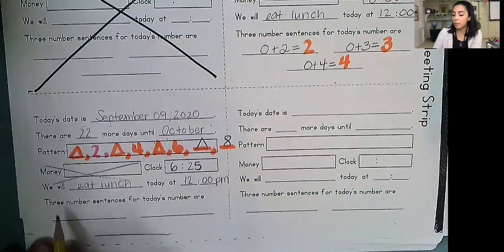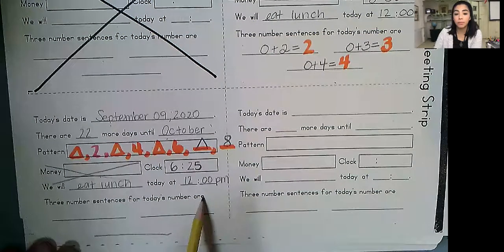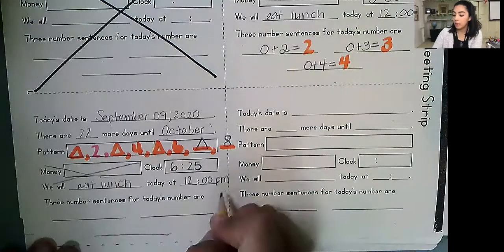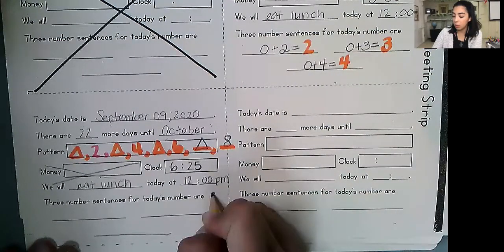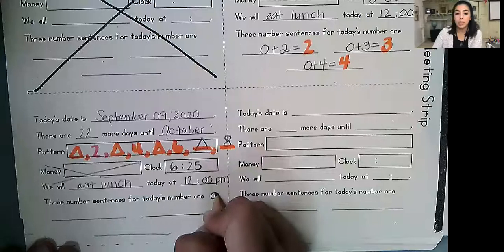So 3 number sentences for today's number are, the number I'm going to give you is 0. So I want you to make 3 number sentences for the number 0.